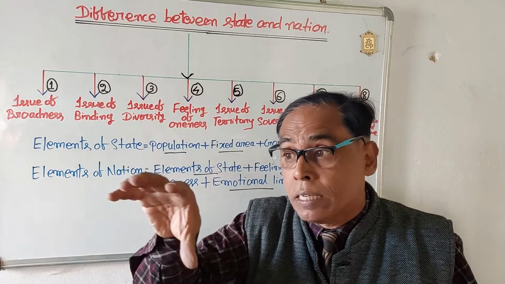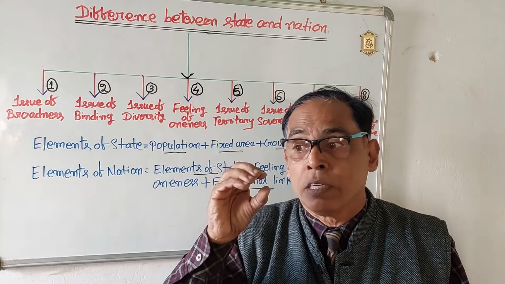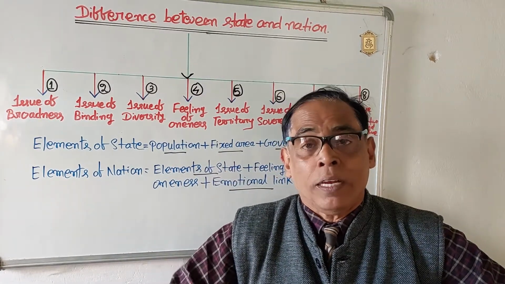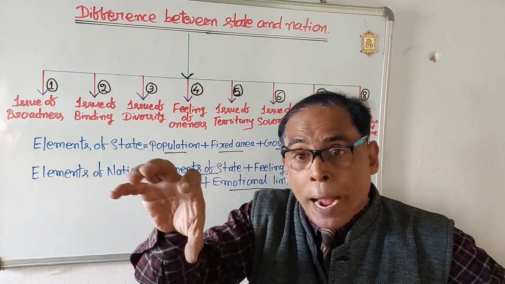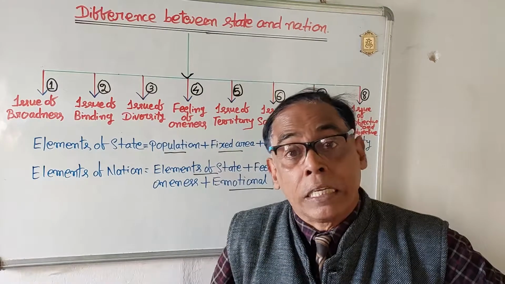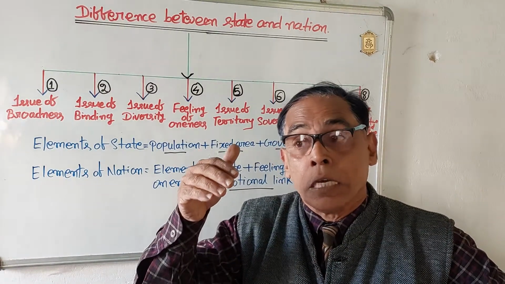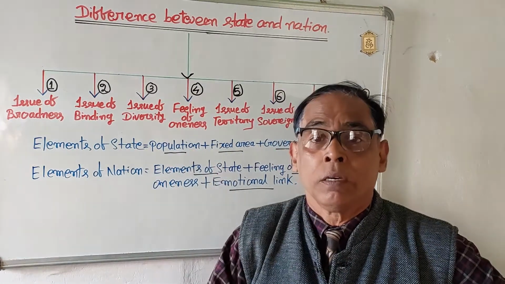But a nation unites people on the basis of emotional attachment. So the second difference between nation and state is that a state binds people on the basis of force and law, while a nation unites people on the basis of emotional attachment or the feeling of psychological oneness.